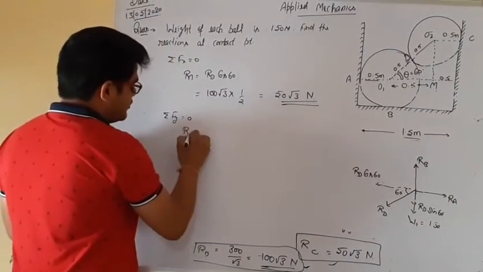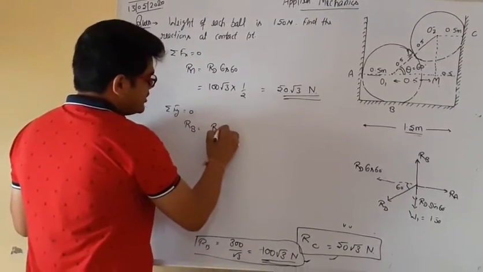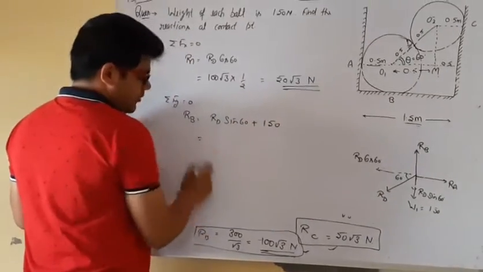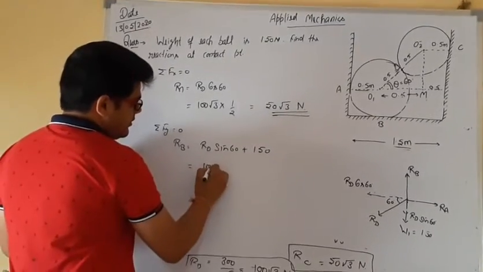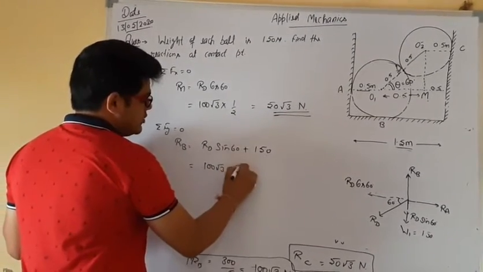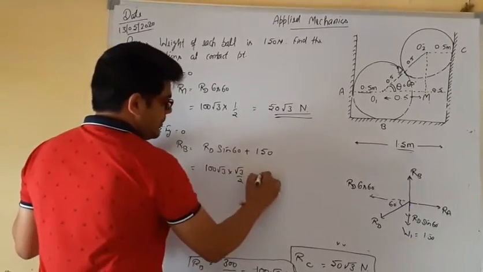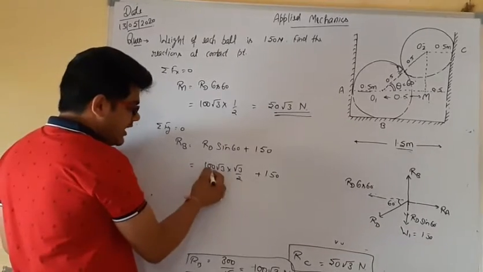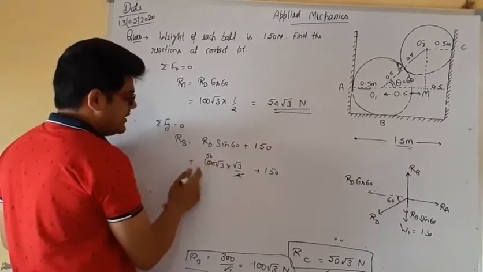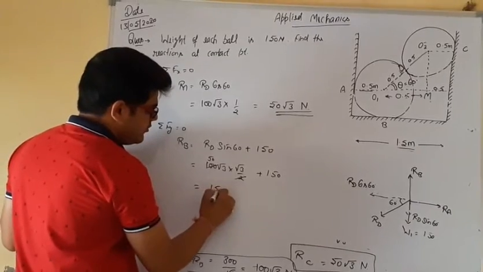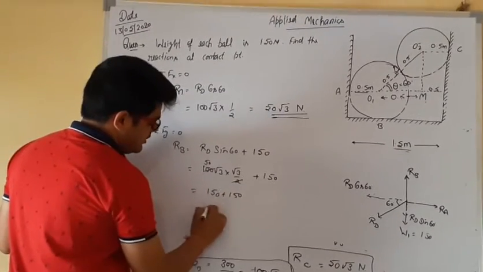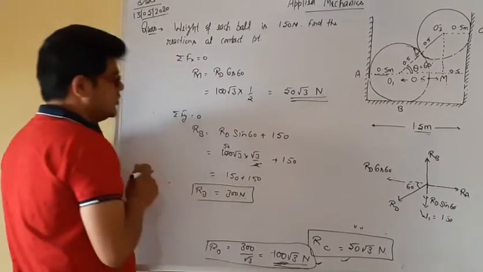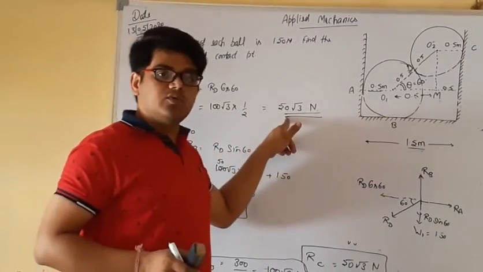Here the upward force is RB and the downward force is RD sin 60 plus 150. Put RD equal to 100 root 3 and sin 60 equal to root 3 by 2, plus 150. Root 3 into root 3 is 3, and 100 divided by 2 is 50, so 50 into 3 equals 150, plus 150 equals 300 Newton.